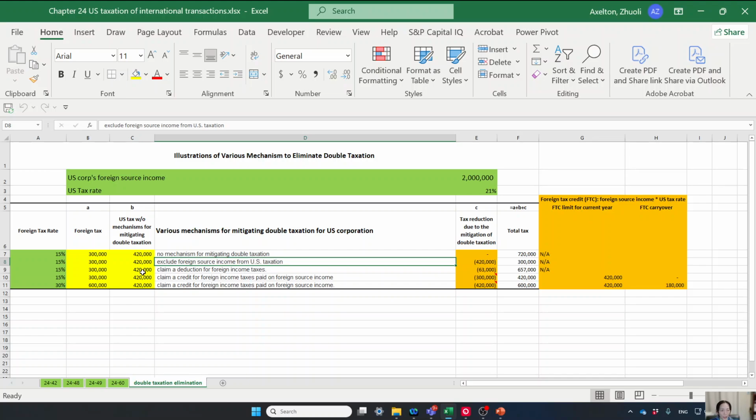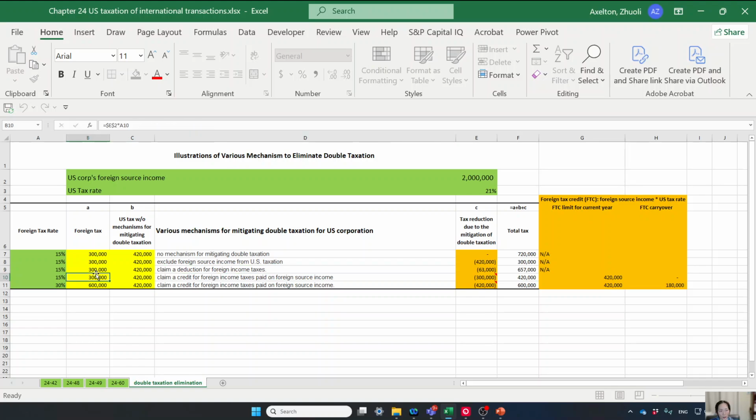The second option is that the U.S. corporation can potentially claim a deduction for any foreign income tax paid. So what this calculation is saying is, yes, I paid foreign tax of $300,000 in the foreign country, and when I calculate the U.S. taxable income, I'm going to use the foreign tax paid as a deduction.